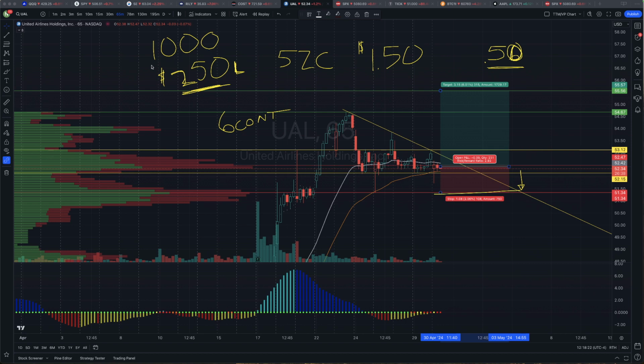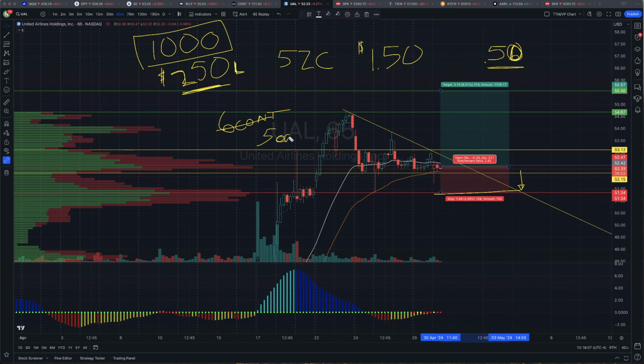So instead of buying 6 contracts to get myself to 1,000, I am going to buy, and I'm using nice round numbers. I mean, these are not my numbers, but I'm using this for educational purposes, right? So if I like this trade and these are my max position size and my max risk loss, in this case I would shorten that to 5 contracts.